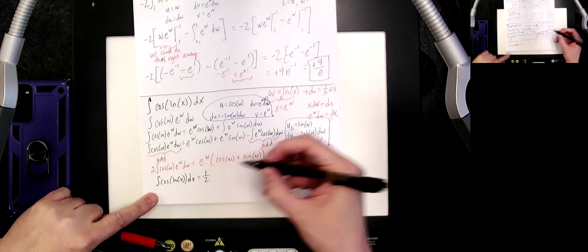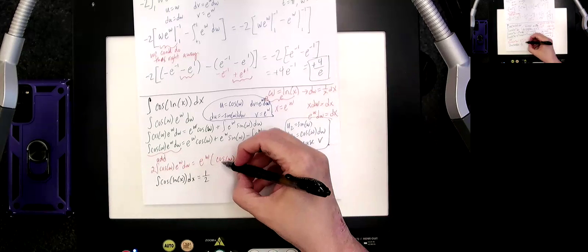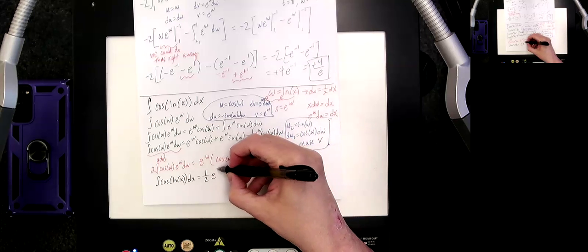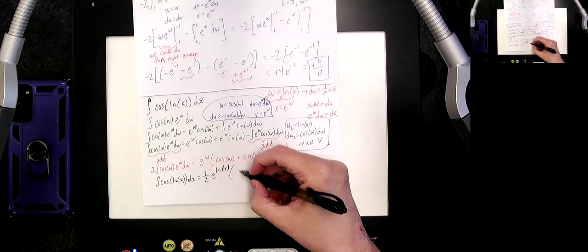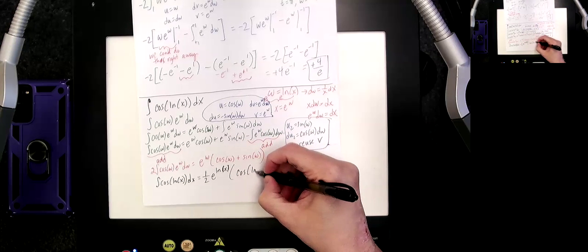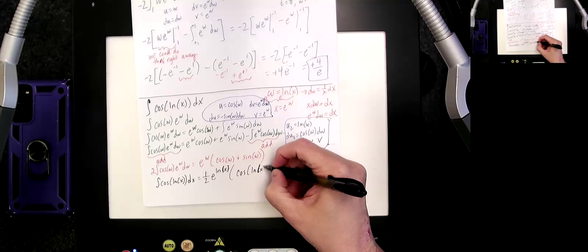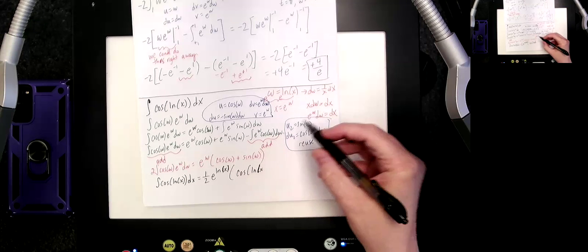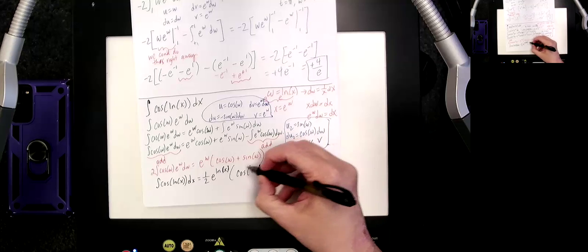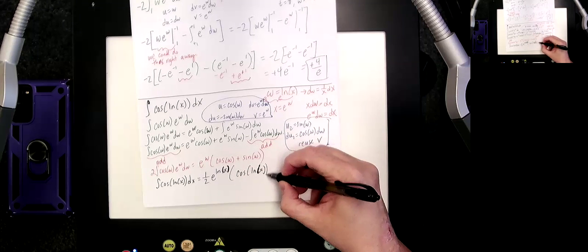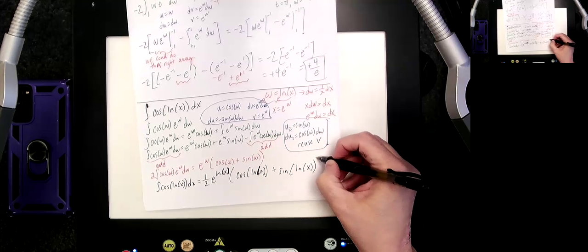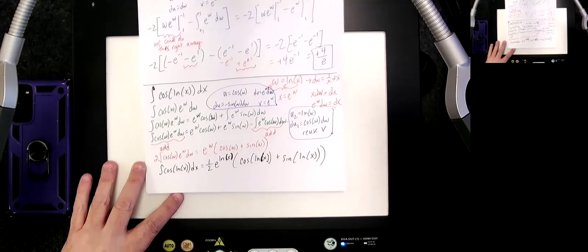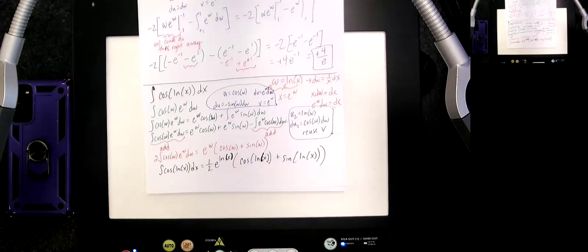Equals 1/2. e to the w is e to the natural log of x. Then we have cosine natural log of x, it's just parentheses, plus sine of natural log of x. And that only cleans up a little tiny wee bit.